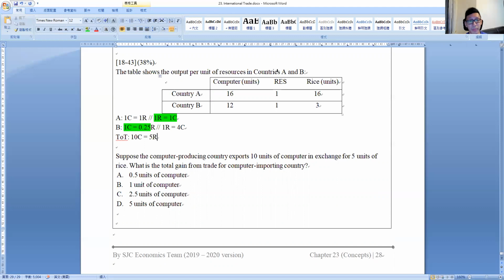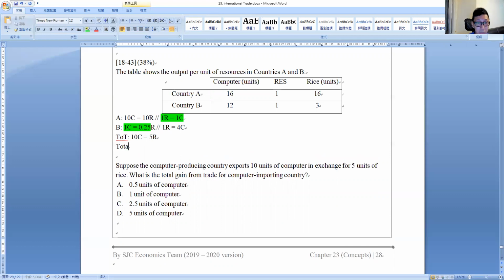So how much would they gain? Let's see. Earlier it was 10C equals 5R. Let's make it 10C equals 10R. So the total gain of import would be 10R minus 5R. You actually would gain 5R. So answer would be D.